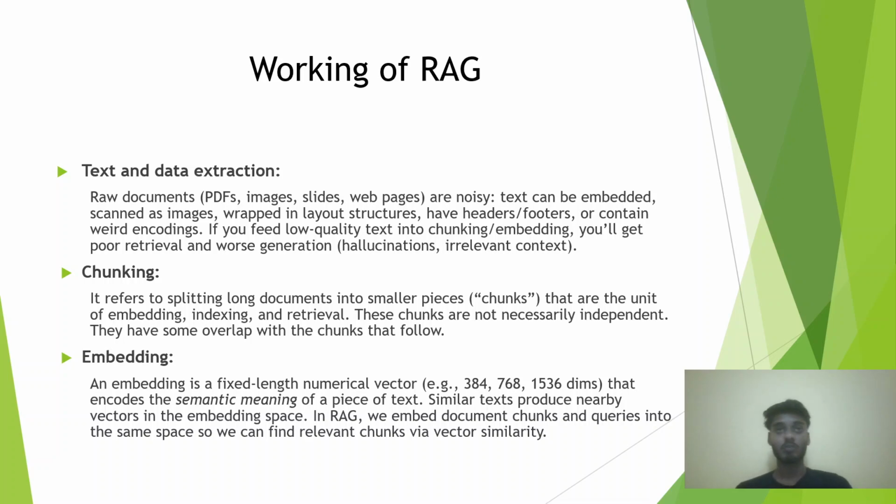Why? To find similarity. So basically an LLM or RAG for that matter really doesn't understand your text. We are trying to find similarities and we are simulating an understanding. So we would convert it into a vector, an embedding, and then based on similar embeddings they would be grouped together.